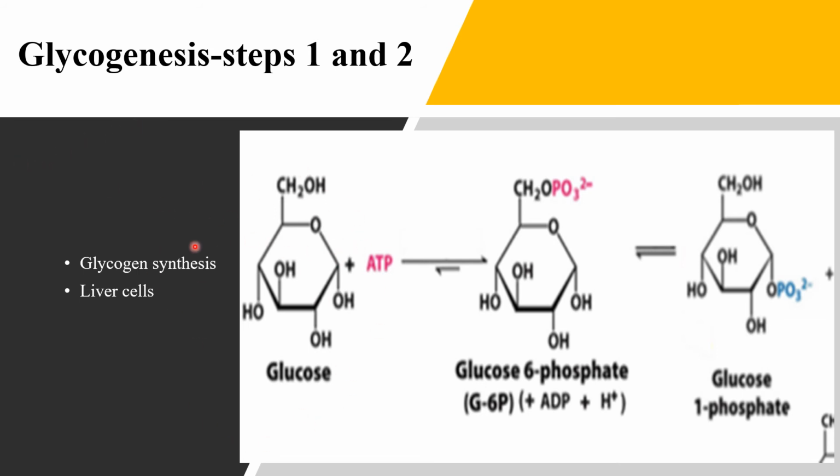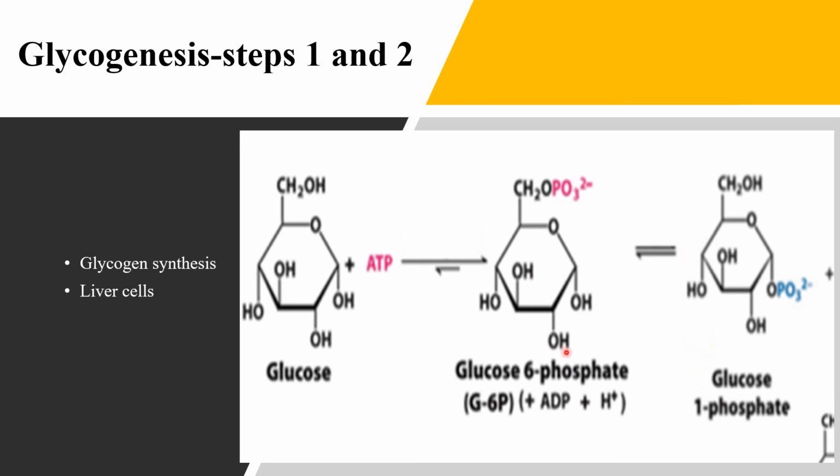This is the glucose molecule, so it phosphorylates on position 6, and they use the enzyme hexokinase. They take a phosphoryl from an ATP molecule and place it onto carbon 6 of glucose, and that creates glucose 6-phosphate.